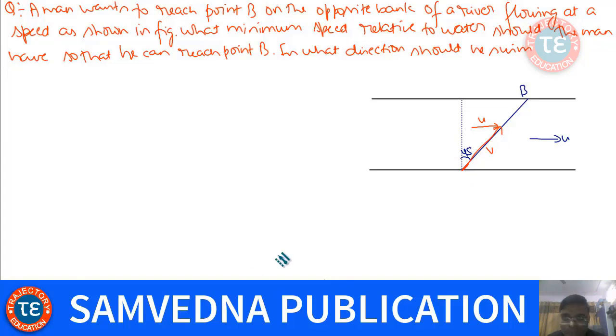Getting your point? Should I use this pen? See, what I was telling is the net velocity should be in this direction. So suppose this is the net velocity, and you are given the velocity of the stream, that is u. So his own velocity should be somewhere, say along this.